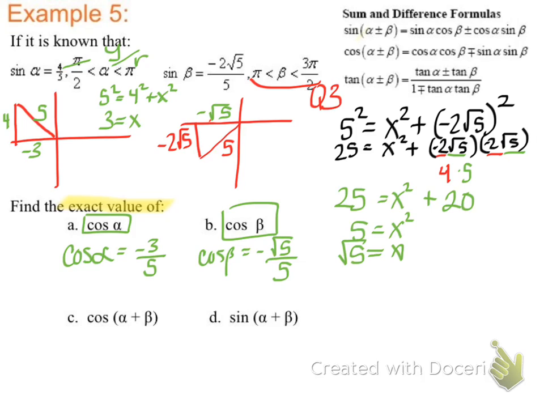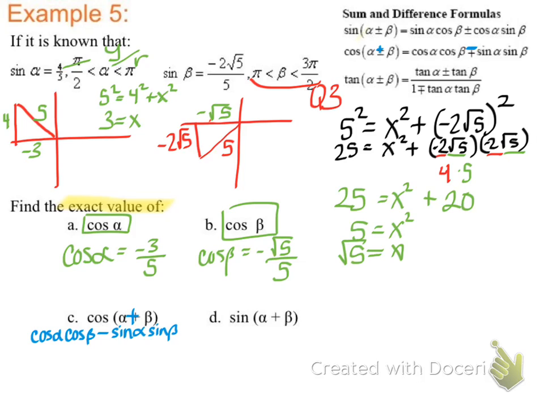Now these first 2 answers were super important because they're actually going to help us with my next formulas. So if I'm finding the cosine of alpha plus beta, I'm going to use the formula for alpha plus beta, which is the following. I pulled from the formula sheet. Now I actually am going to plug in the values I know. These are not on my unit circle, but I have them all sitting right in front of me.